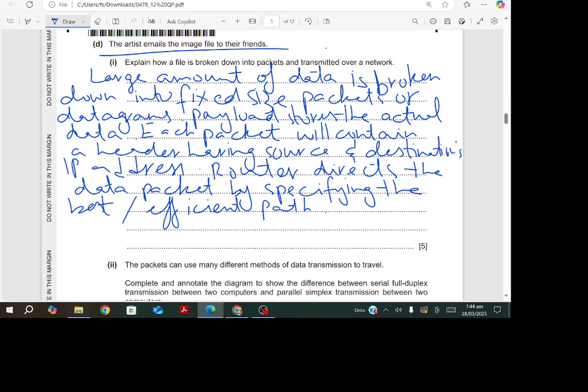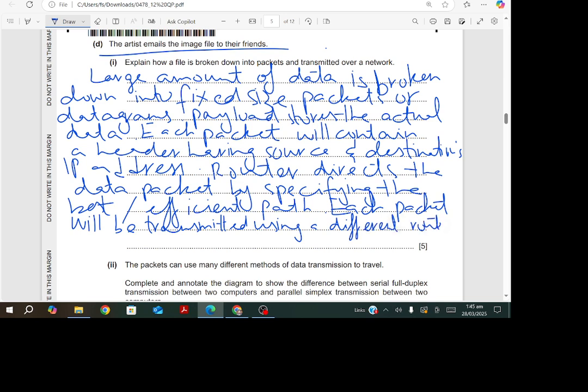Yes, each packet will be transmitted using a separate route. Each packet will be transmitted using a different route. And finally, packets arrive out of order and can be reassembled.